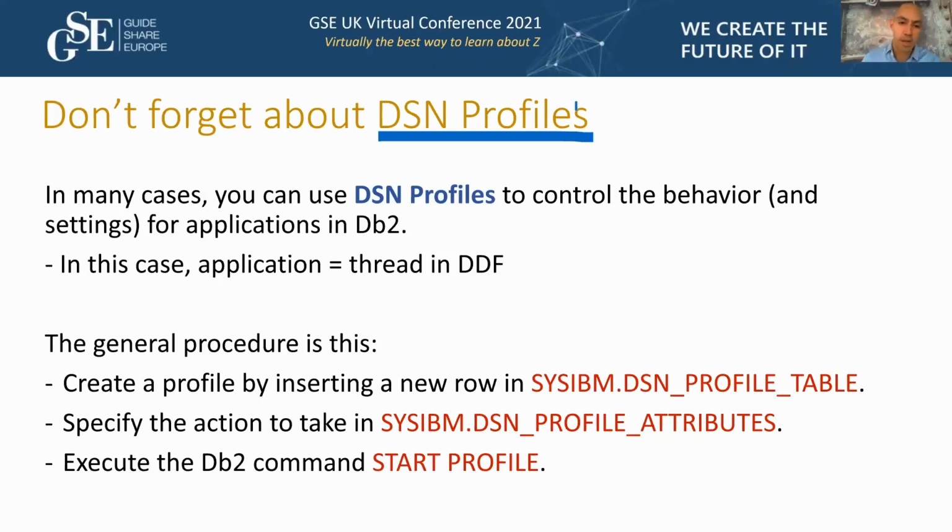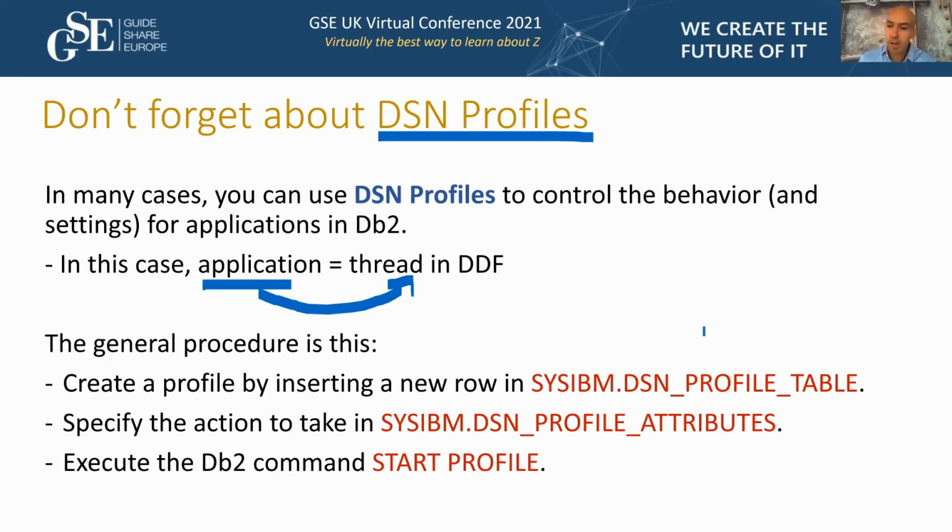And in this case, when I say application, I mean a thread or a group of threads in DDF. And the recipe is going to be the same regardless of the case. And I am only going to cover one small subset of what you can actually do with profiles.